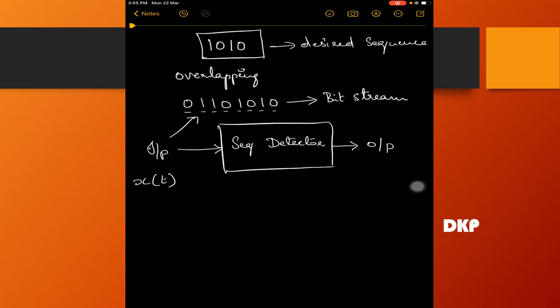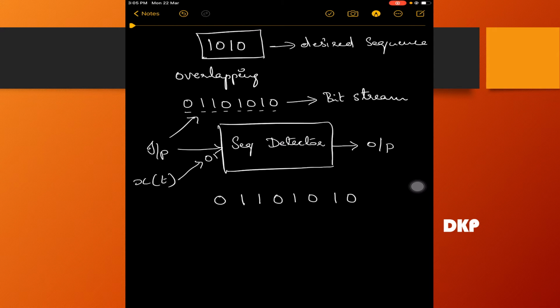So first time x of t equal to 0. This is the first case. 0 will be given to the sequence detector. It will give you some output. Next 1 will be given as the input to the sequence detector. It will give you an output like that. So let us see what is the output for this sequence. Output for this bit stream.